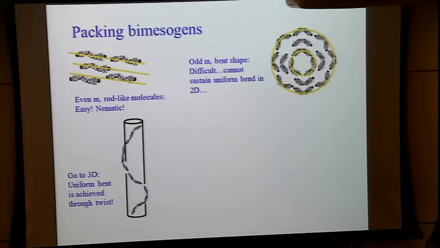But if you think outside the box, if you think, what if I could go into the 3rd dimension and create an imaginary cylindrical body, and now you wrap these bend-shaped molecules around the surface of the cylinder and then go along the axis of the cylinder, you would realize that it's possible.